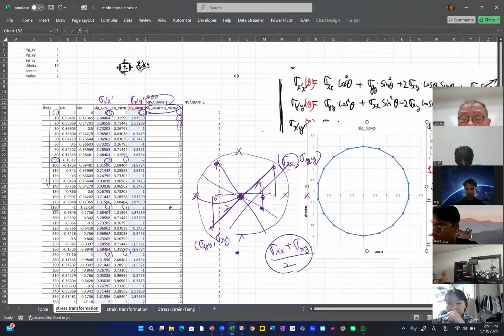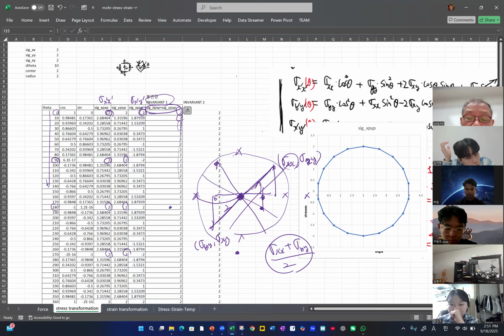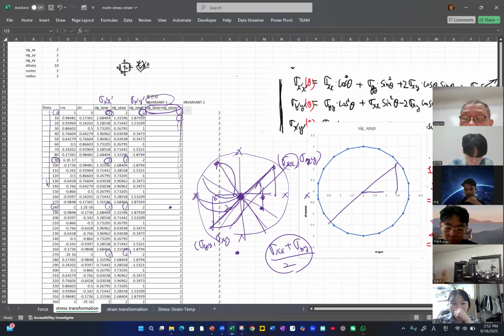For the second one, no matter how we change this, the radius is always the same. So how do we calculate the radius? This is a half, and this is the radius r, and this one is sigma x minus sigma y divided by 2.